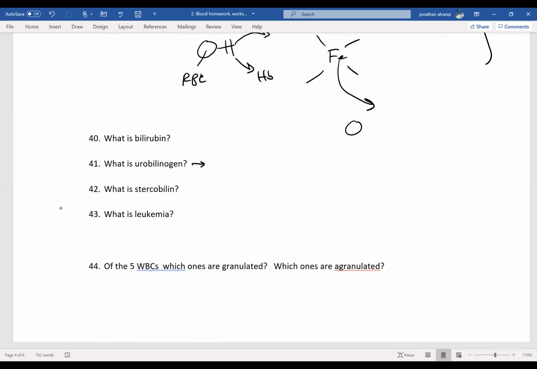Okay, so urobilinogen is a byproduct of bilirubin.